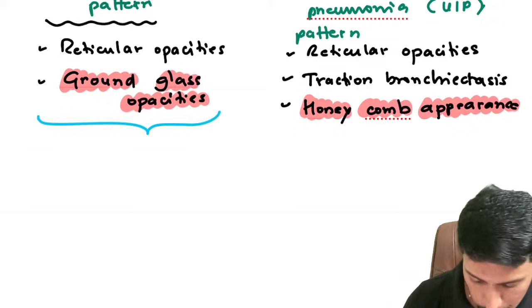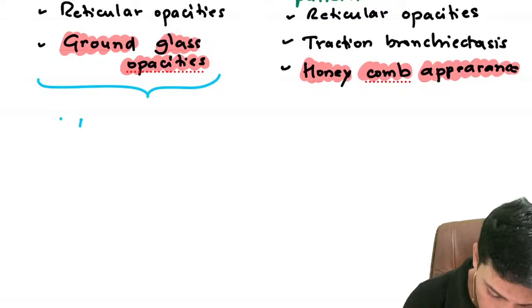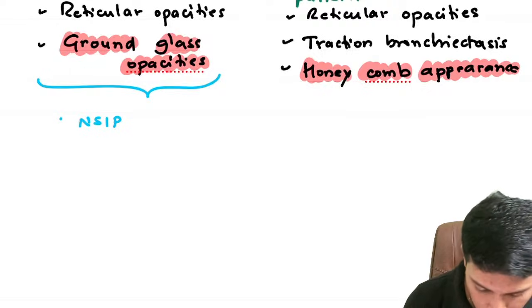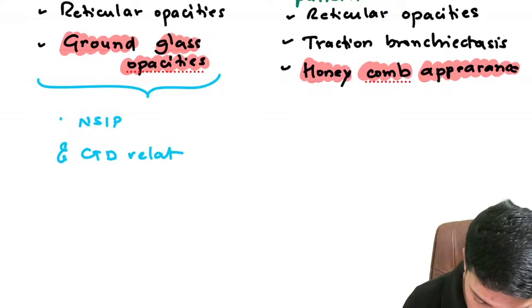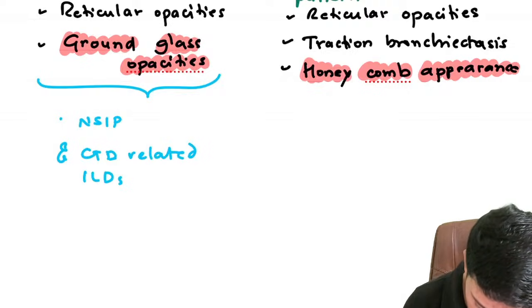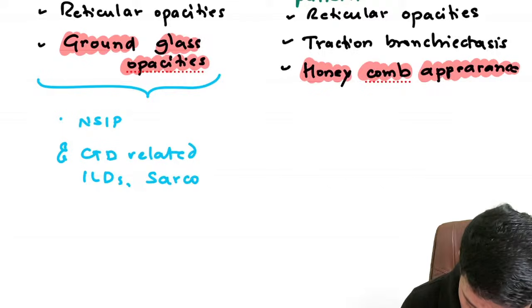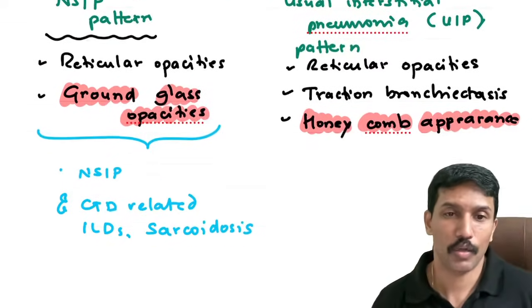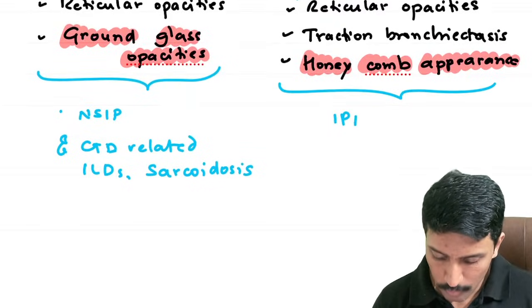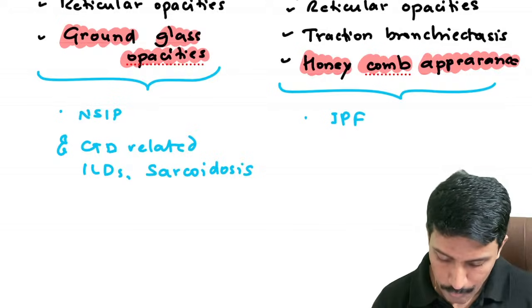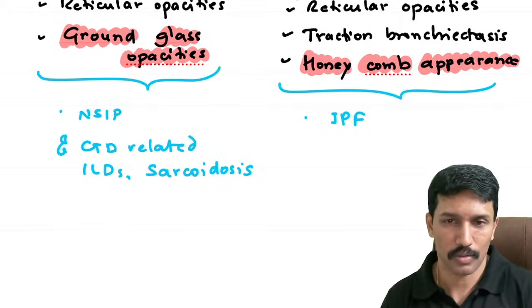Usually, non-specific interstitial pneumonia and connective tissue disorder related ILDs, sarcoidosis, they present with the NSIP pattern on HRCT. And idiopathic pulmonary fibrosis presents as the UIP pattern on the HRCT.